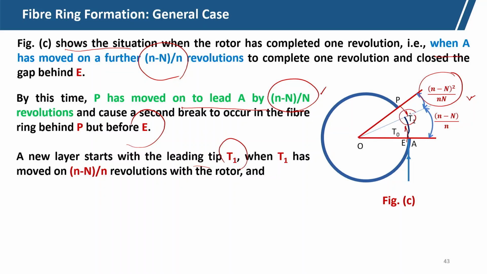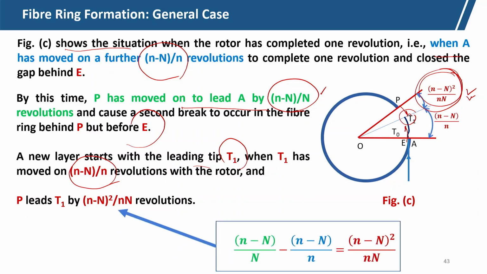When T1 has moved N minus n by N revolution with the rotor, P leads T1 by (N minus n) squared by N n. So, that is the situation here.